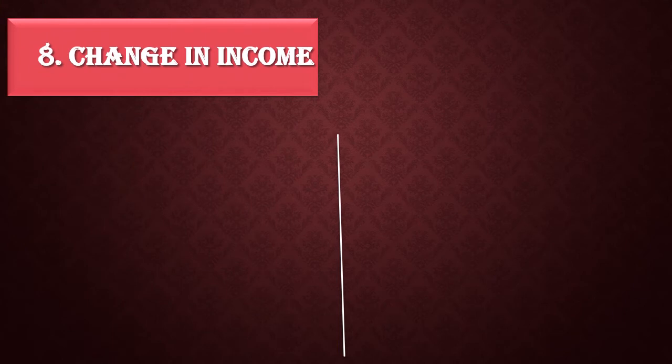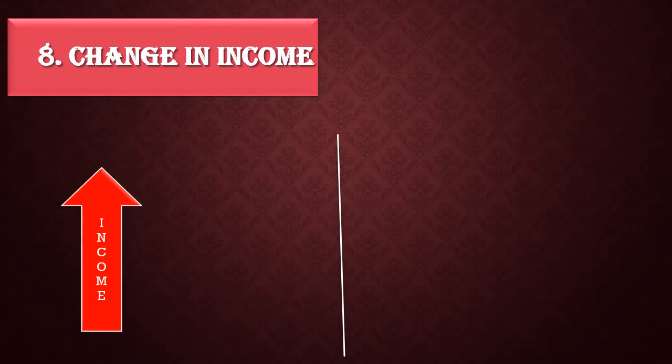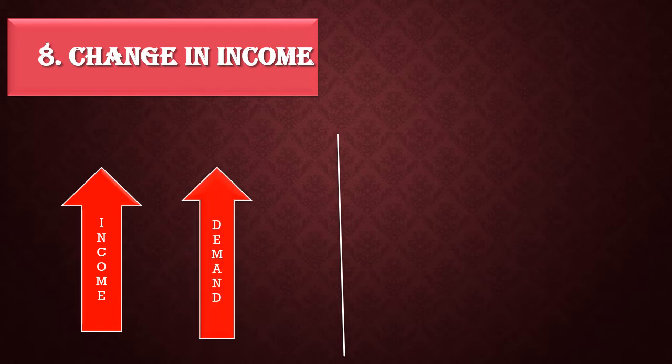The next point is change in income. So have a look at the point. If there is an increase in the income of a person, that person will love to buy more things because there is an increase in the income for that particular person. So there would be an increase in the demand in the same way.